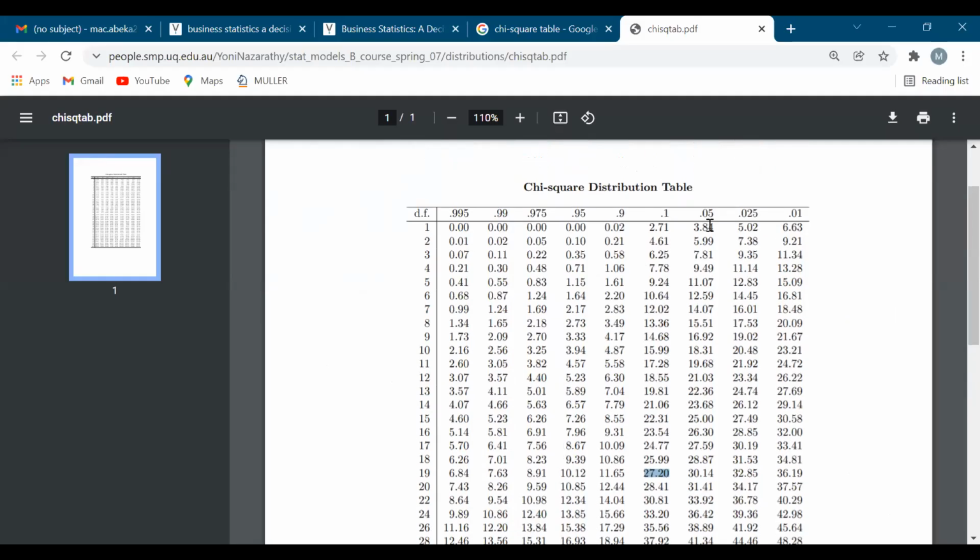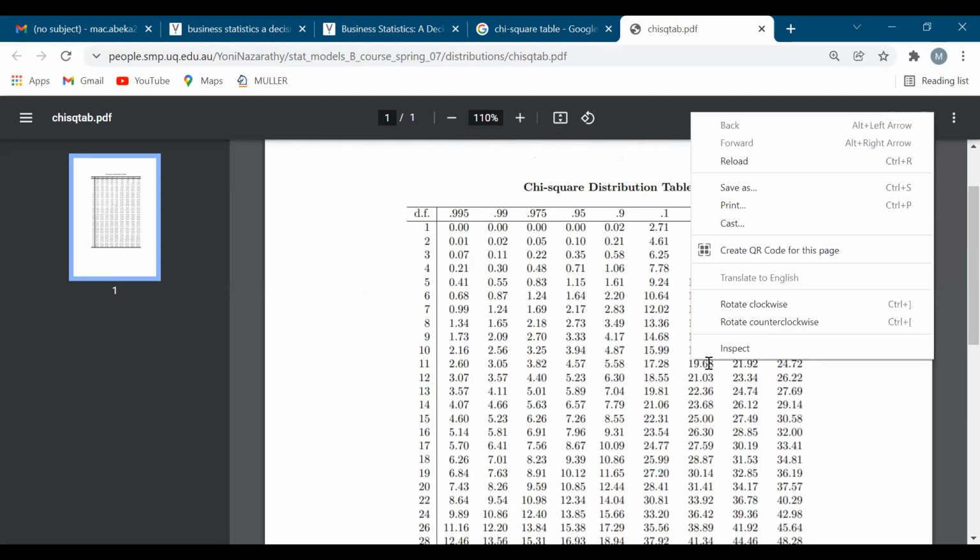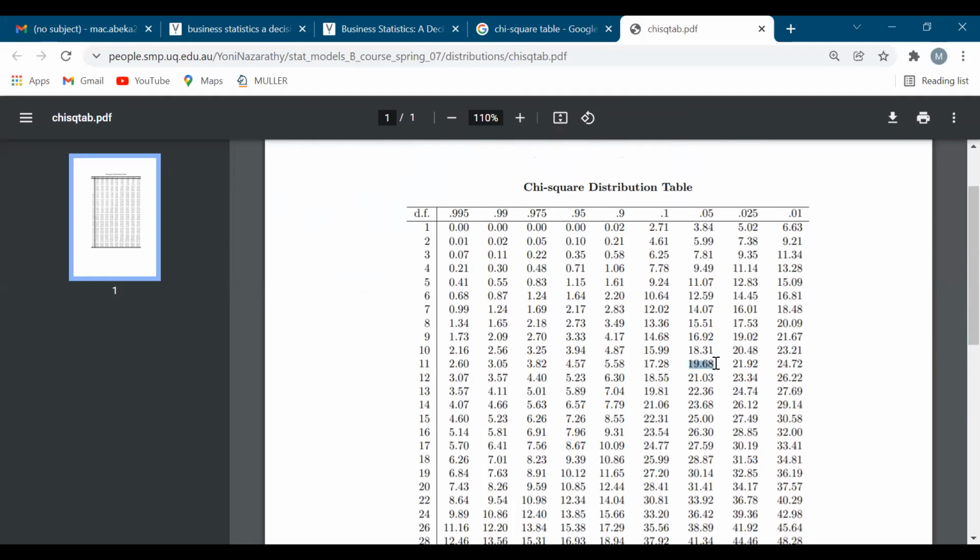So you're going to read 0.05 as against 11, and that is 19.68. That's for the upper bound.